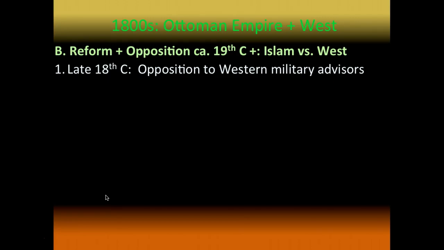Again, remember, the janissaries are conscripted youth, usually from Christian families, who were taken and became high-ranking elite members of the Ottoman military. So the religious leaders and the elite janissaries argued against this intrusion of European military advisors into a really essential Ottoman Muslim center of power.